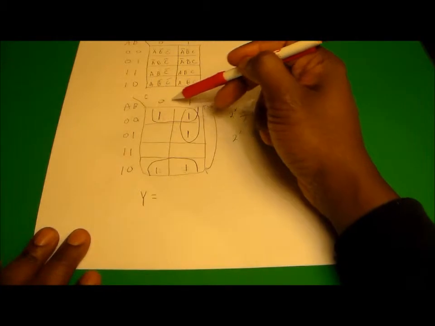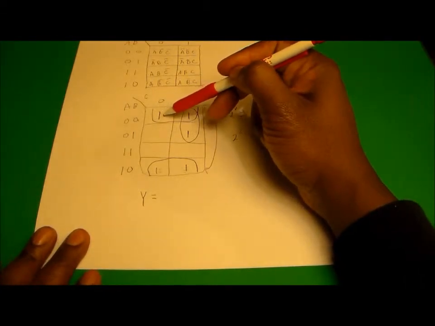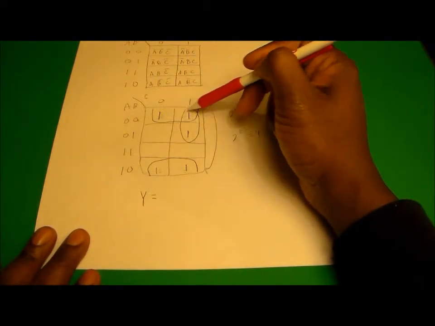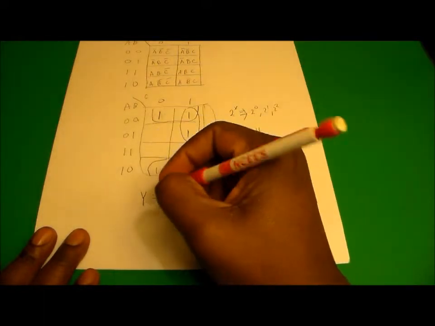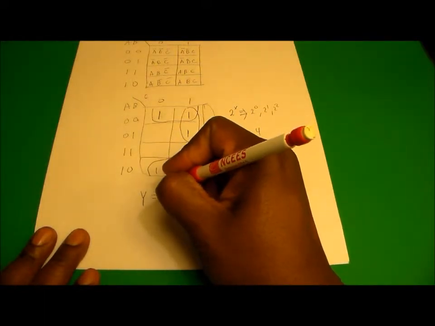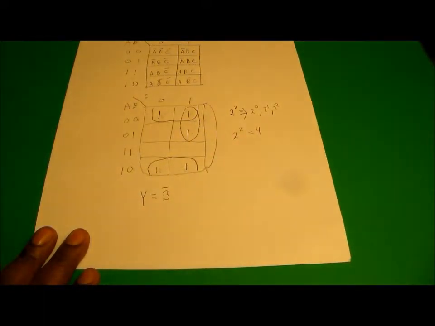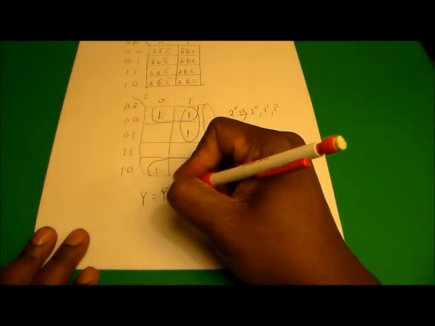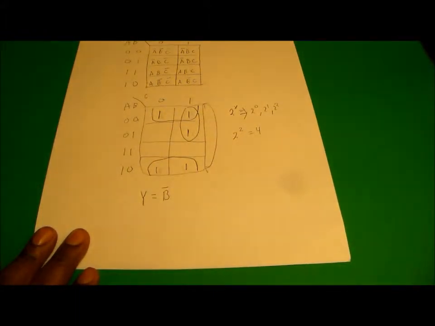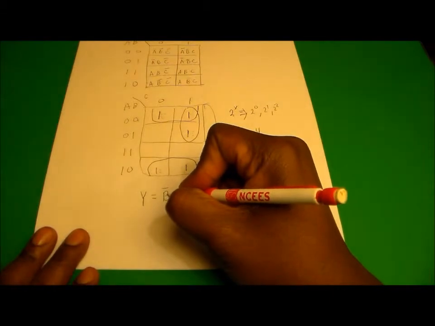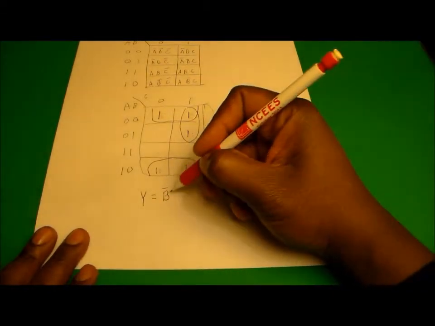C, however, there isn't any commonality because this is 0 on this column and then there's 1 on this column. So that means that box can be represented by just B naught.